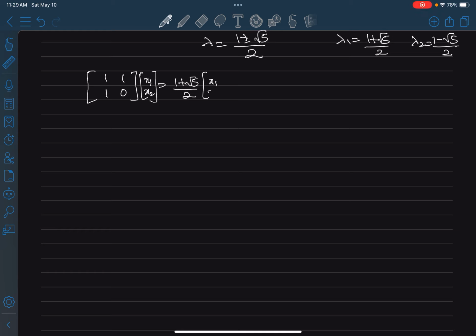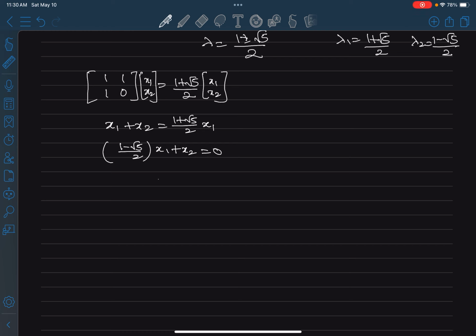x1, x2. So from this, we see that the equation that needs to be satisfied is x1 plus x2 is equal to (1 plus root 5 by 2) x1, right? If we take x1 to the other side, what will it become? (1 minus root 5 by 2) x1 plus x2 is equal to 0, right?